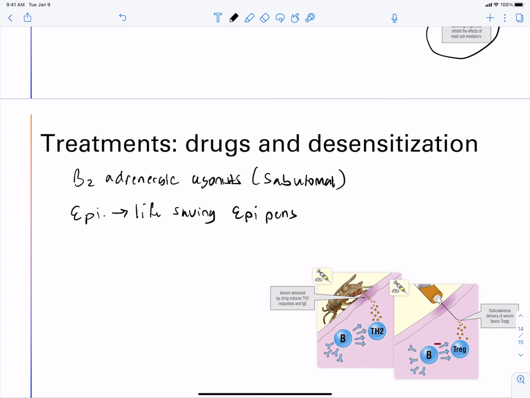Epinephrine is going to stimulate the alpha and beta receptors to decrease vascular permeability and increase the blood pressure. Corticosteroids are going to prevent the immediate hypersensitivity moving into the late and chronic phases.